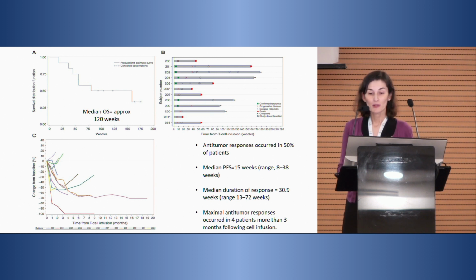The median progression-free survival was 15 weeks, and the median duration of response was 30.9 weeks. And in some of the patients, they still had an ongoing response 3 months later.